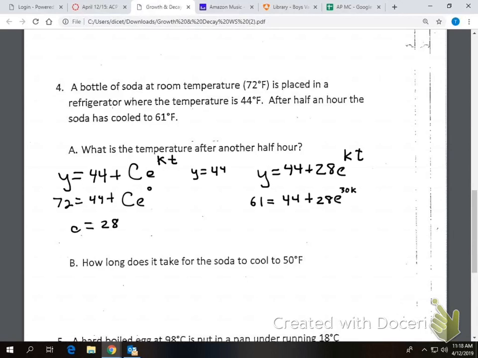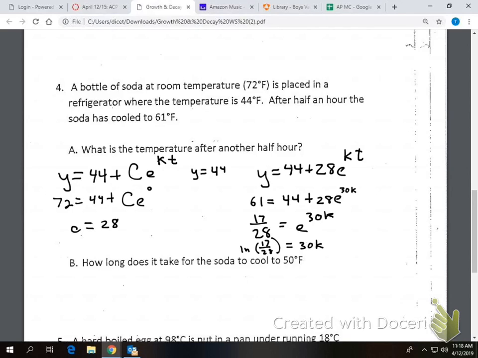Let's solve for k and see if you get the same thing as me. I'm going to subtract 44 and divide by 28. 61 minus 44 is 17, divided by 28 equals e to the 30k. Then I take the natural log of both sides, so I now have the natural log of 17 over 28 equals 30k.